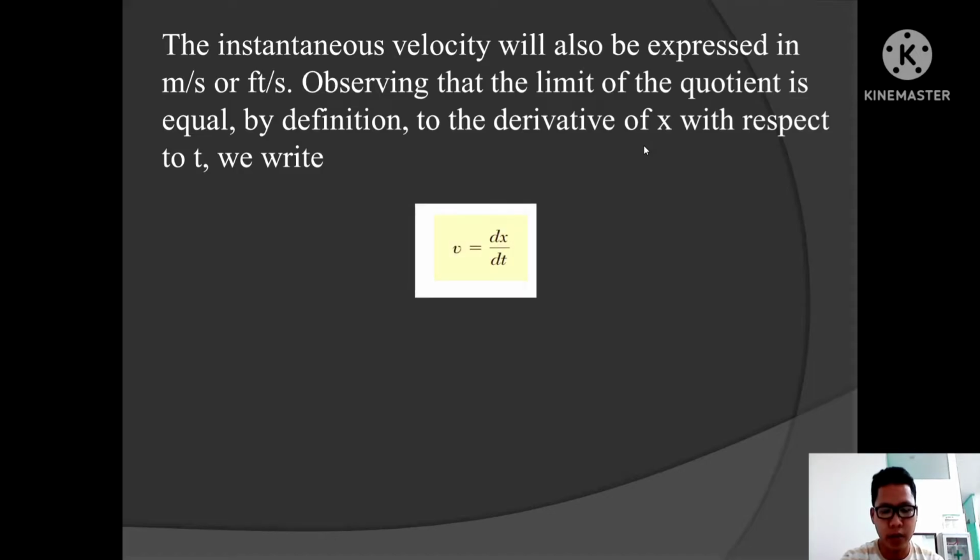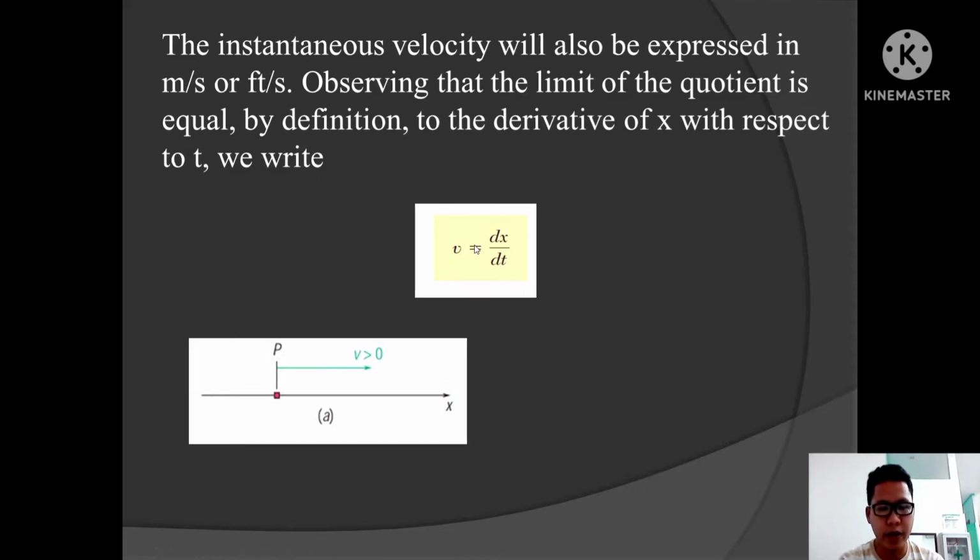v equals dx over dt, where v is the velocity, represented by an algebraic number which can be positive or negative. It refers to the positive or negative algebraic expression that the result would be. In this figure, as we can see, our particle is moving toward the positive x-axis, wherein v is greater than 0.